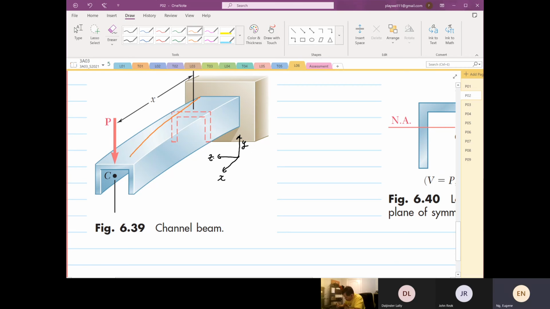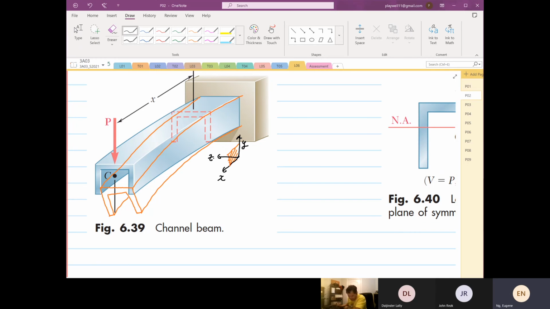So this will be horizontal. The bending or the deformation is only on the XY plane.